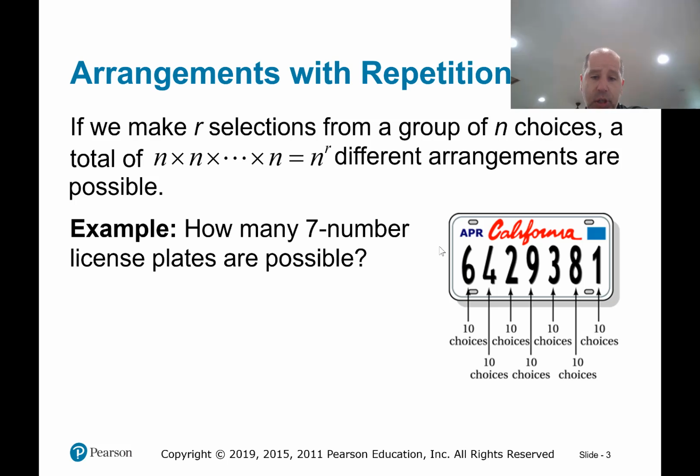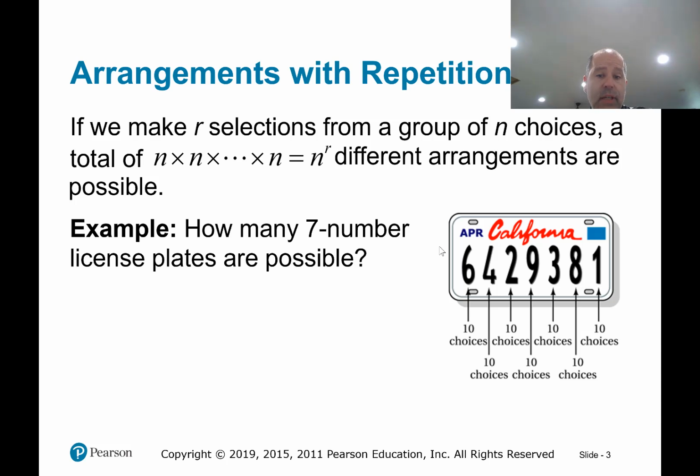And in the first position, we have 10 choices, right? The digits 0 through 9. And then, of course, with the second digit, we have 10 choices to choose from. And so for each position on the license plate, we have 10 choices to choose from.